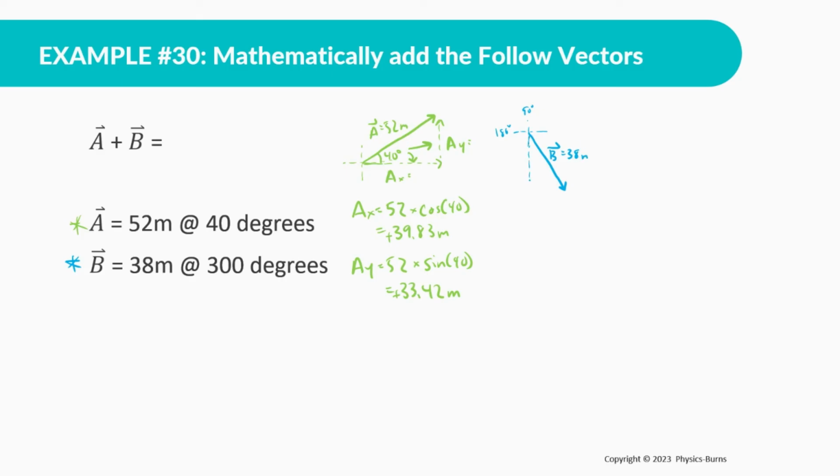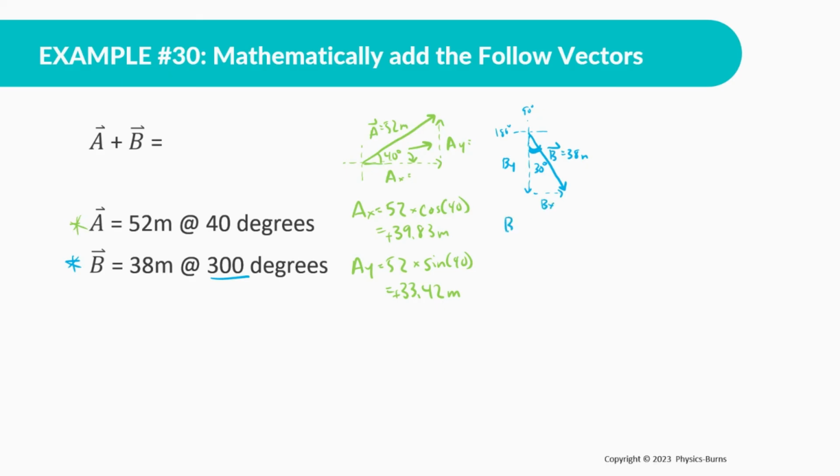And for this y component and this x component, if that's 270 and we're looking for 300, this is going to be 30 degrees over here. Okay, so that's important to just do. So I'm doing 300 minus 270 to find this angle right here.